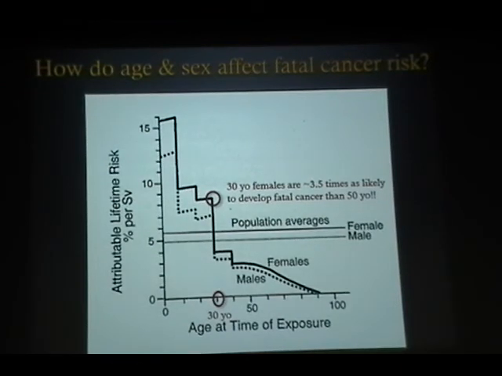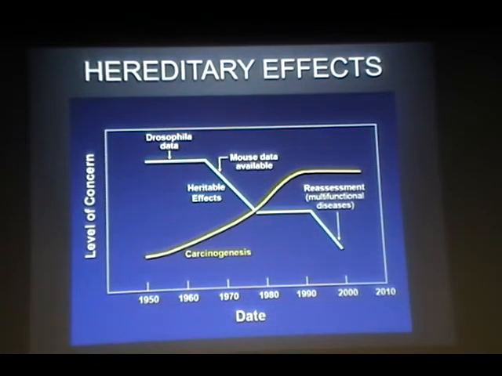At 30 years, it's 3.5 times more likely to develop a cancer. So the bottom line is age and females are more susceptible to radiation.